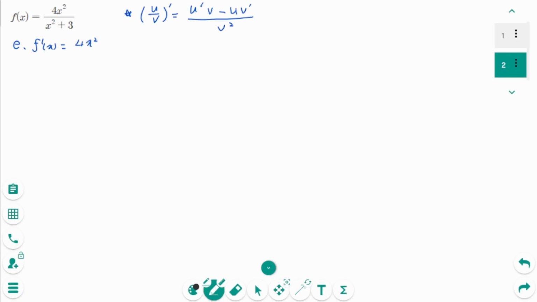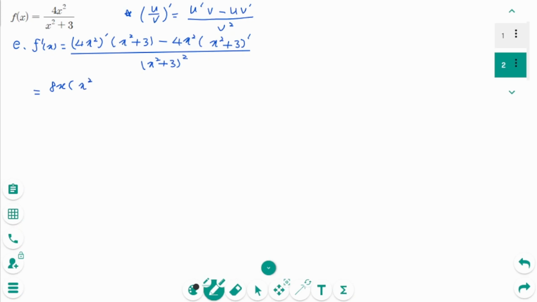Then (4x squared) prime times (x squared plus 3) minus 4x squared times (x squared plus 3) prime over (x squared plus 3) squared equals, (4x squared) prime is 8x times (x squared plus 3) minus 4x squared times (x squared plus 3) prime is 2x, over (x squared plus 3) squared.